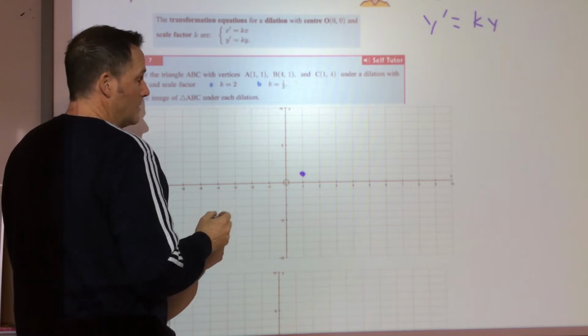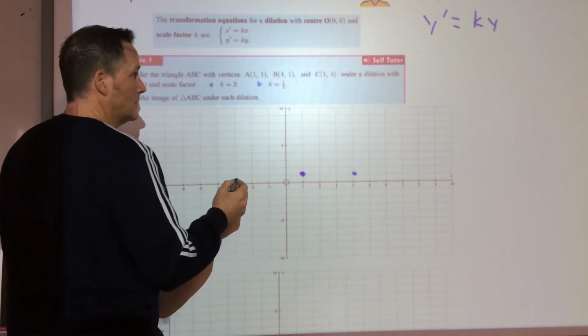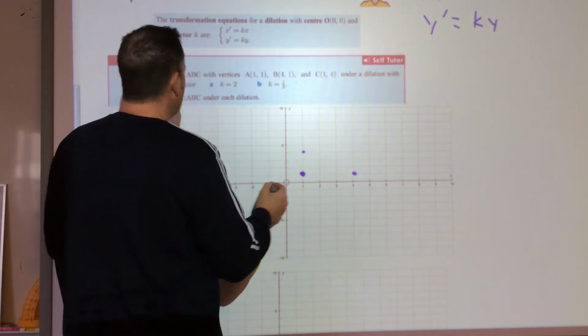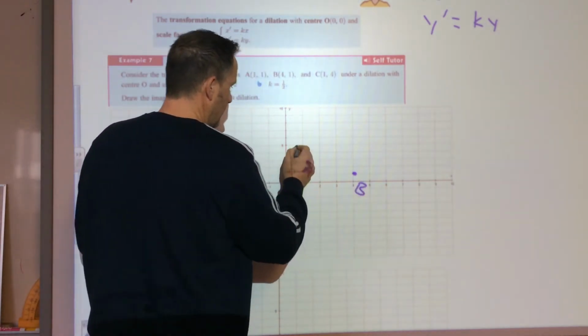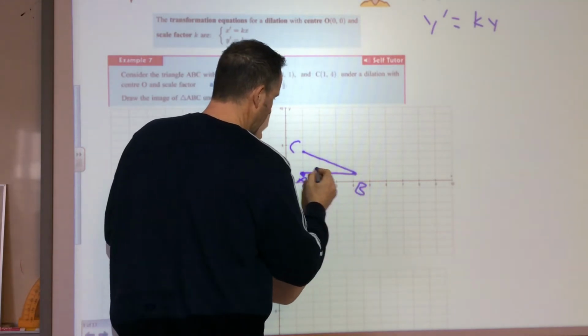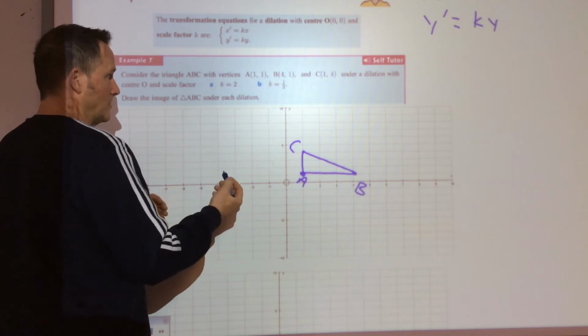And then B is (4, 1). I know you guys are getting pro with graphing. And then we have (1, 4) right there. So that makes triangle ABC. Now what we do, that's the original.